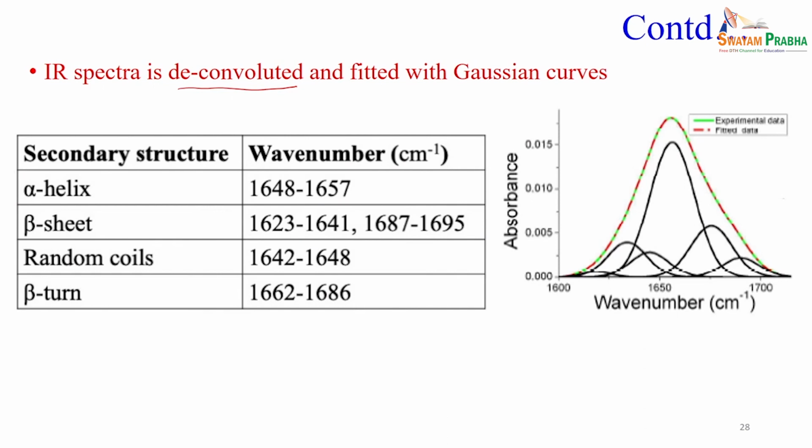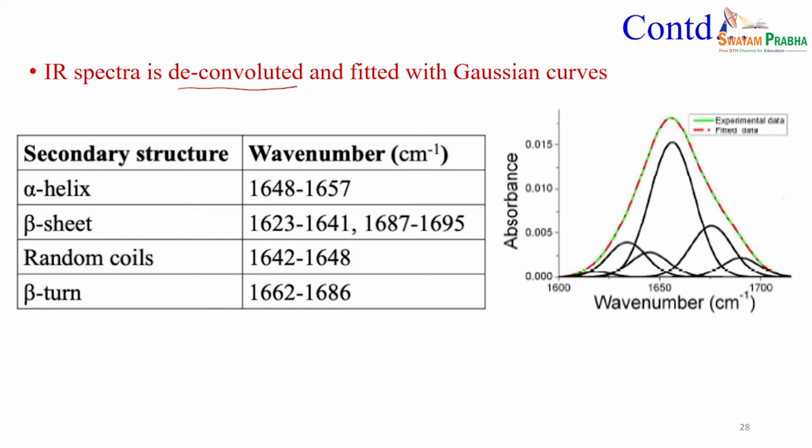For beta sheet, it is at 1623 to 1641 or 1687 to 1695, for random coil 1642 to 1648, and for beta turn 1662 to 1686.